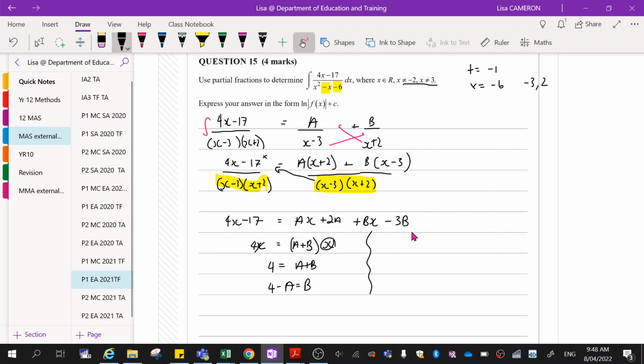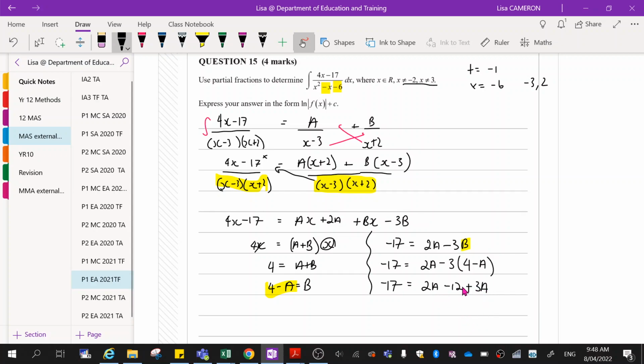Now the other one that I'm going to use is -17 = 2A - 3B. But now we know that B is equal to this, which means I can replace that. So -17 = 2A - 3(4 - A). So -17 = 2A - 12 + 3A.